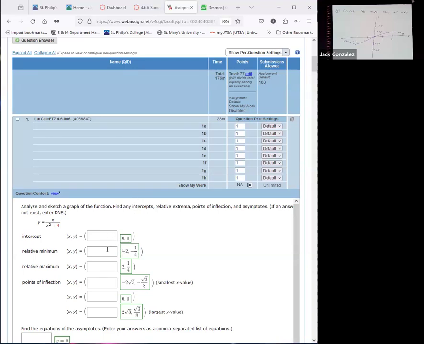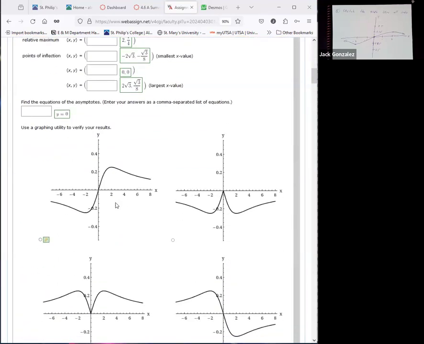Yeah, so we have the intercept, minimum, maximum. Points of inflection, the 0, 0 is the obvious one, but the other two, we would need the second derivative. Because you can see it right here. Looks like it's going from increasing to decreasing, then it changes here, then it changes again somewhere.